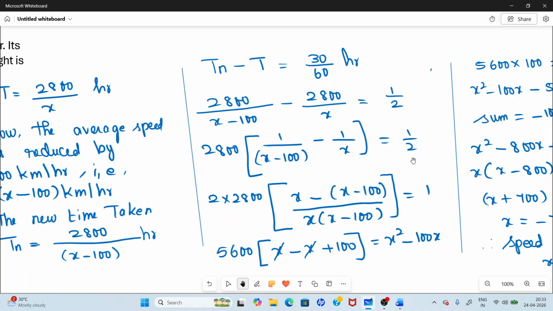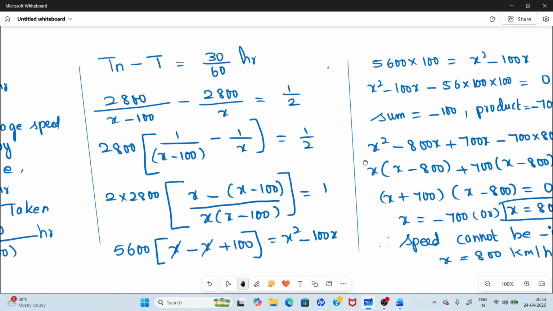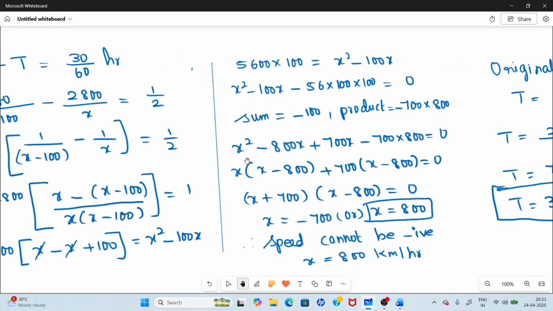So we got a final equation, quadratic equation, which is x square minus 100x minus 5600 into 100. So solving that, we get the original speed, which is x equal to 800 km per hour.